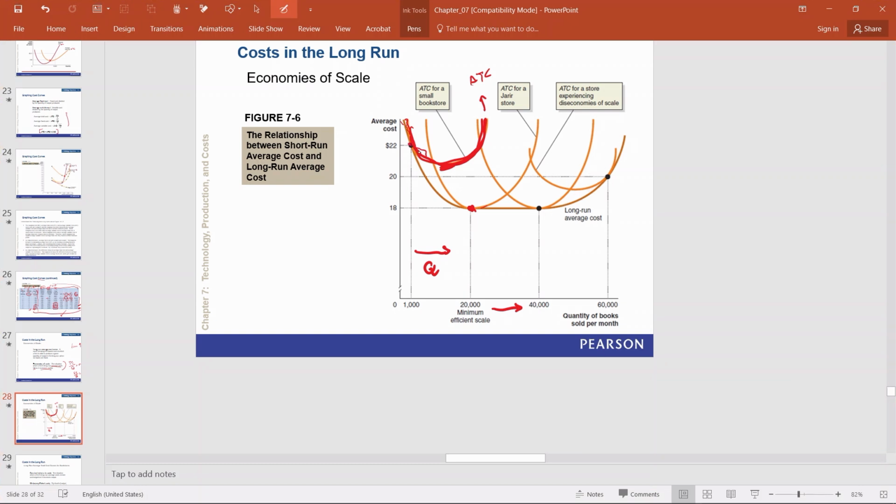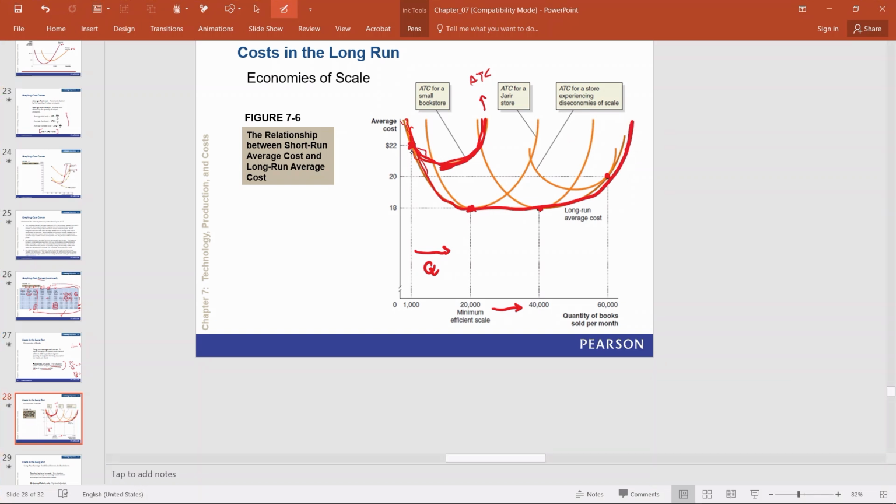So if we trace all these tangent curves, this is the long-term average total cost, because we trace them.